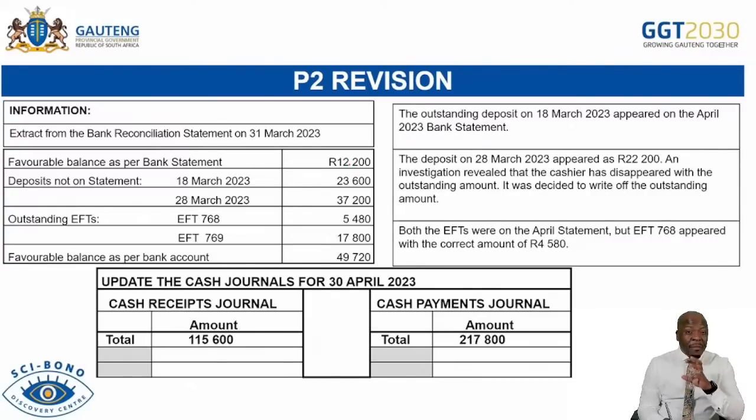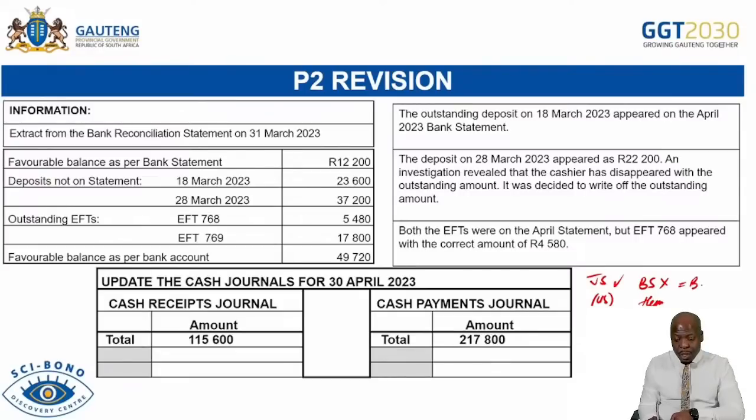Now, you have to understand why information is in the bank reconciliation. We would record information in the bank reconciliation statement because it was in the journals, that is either CRJ or CPJ. So the journals are done by us, so it was in the journals. However, that information was not on the bank statement. It was not on the bank statement by them.